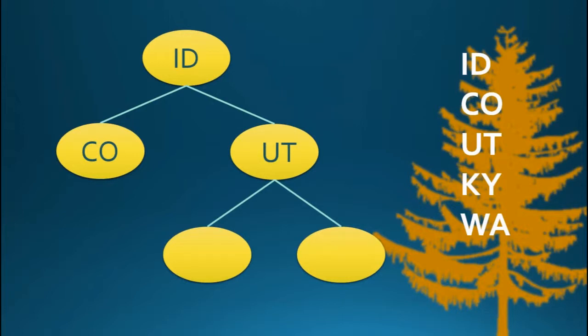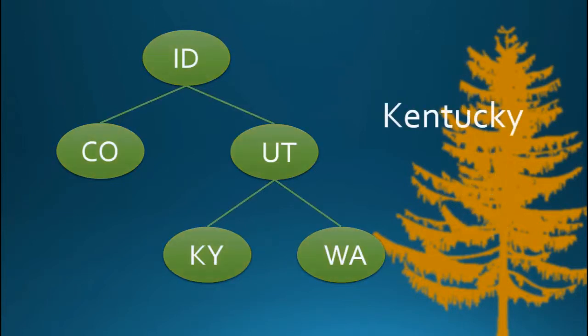So it would be placed in the left-hand subnode, or the left-hand part of the subtree, underneath Utah. Likewise, Washington. Washington is greater than Idaho. Washington is greater than Utah, and so it belongs on the right-hand side of that subtree. And we just keep adding data in this manner in order to fill up the binary tree.